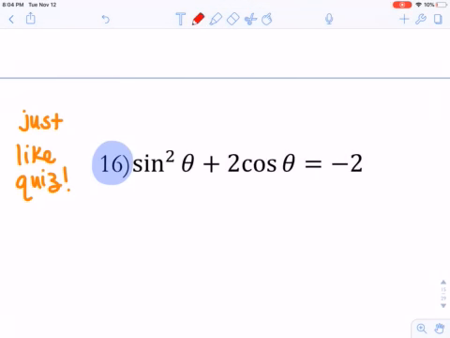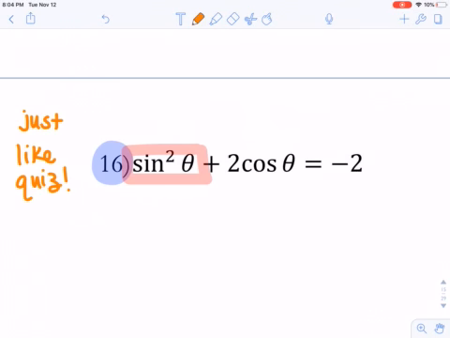So when we think back to our trigonometric Pythagorean identities, we want to think about what can I replace sine squared theta with. Or I can replace cosine, but the one that you actually want to replace is the squared. The reason I know to do this is because these two are different trig functions, one sine and one cosine.